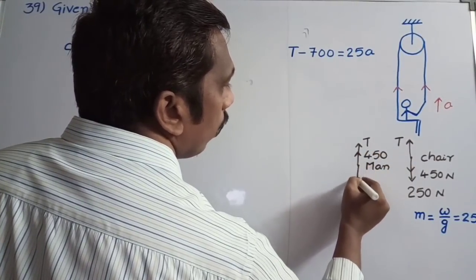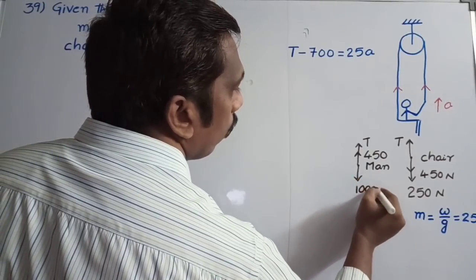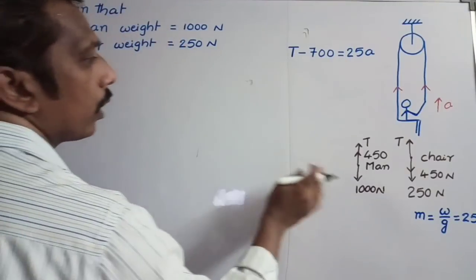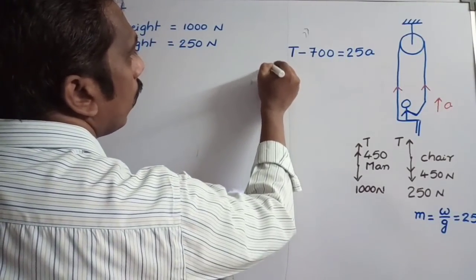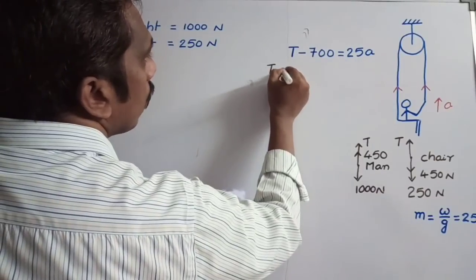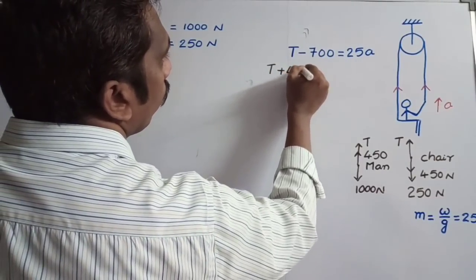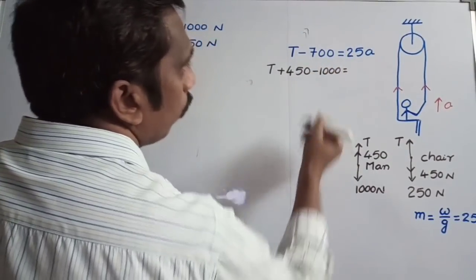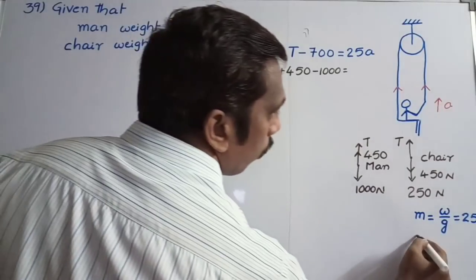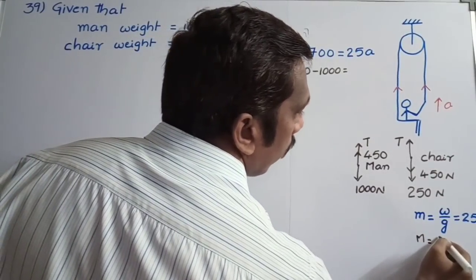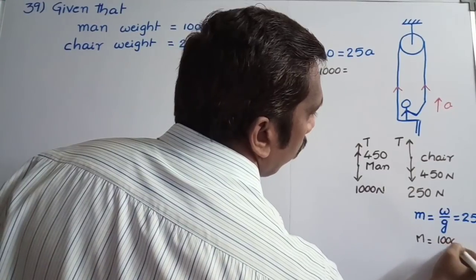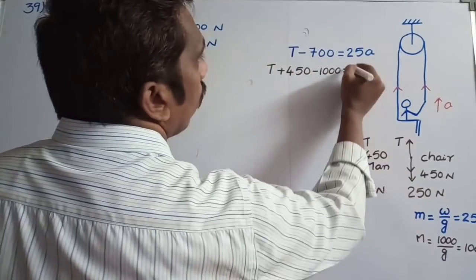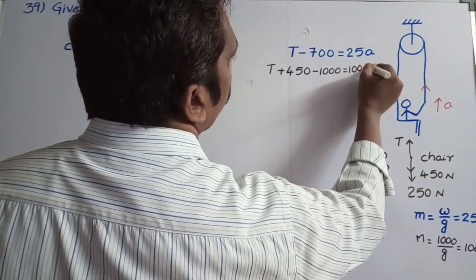And the weight of the man, 1000 Newton, is acting downward. Due to the resultant of these forces, the man is moving upward. So upward forces: tension T plus 450 minus 1000 is equal to mass of the man times A. Taking the weight 1000 divided by g, we get 100. This is the mass of the man, 100 into A.